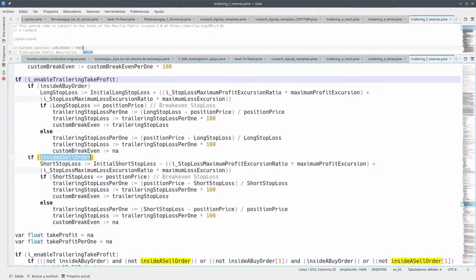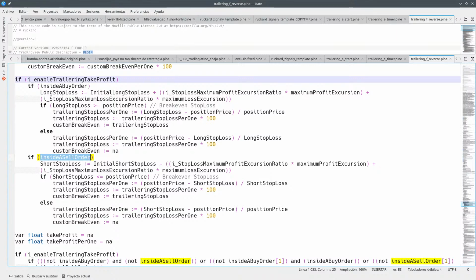So the idea is, let me see. So I'm not sure if I'm going to. I might start from scratch because this is not easy to implement. So here you have some long stop loss, initial long stop loss, and so on.